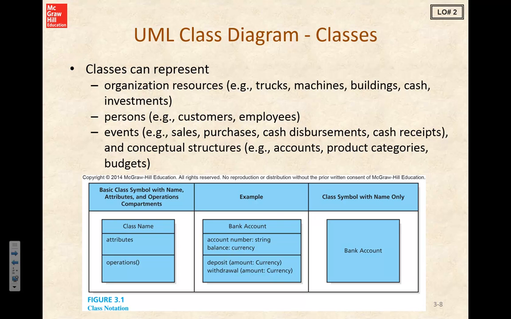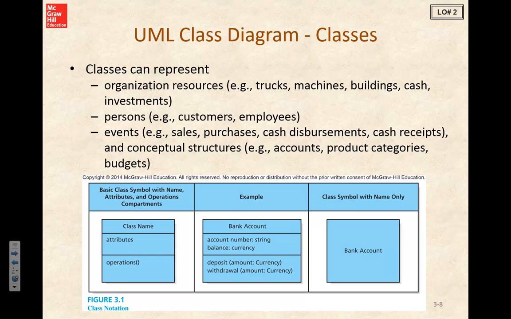Taking a deeper dive into classes, they can represent a bunch of different things. They could be organizational resources, such as trucks or machinery. They could be persons, such as customers or employees, or they could even be events, such as sales, purchases, or cash disbursements.